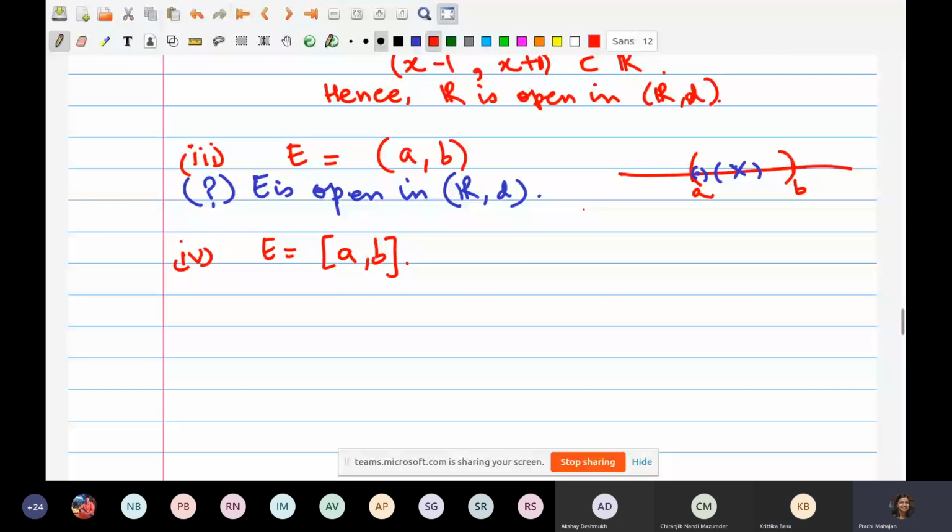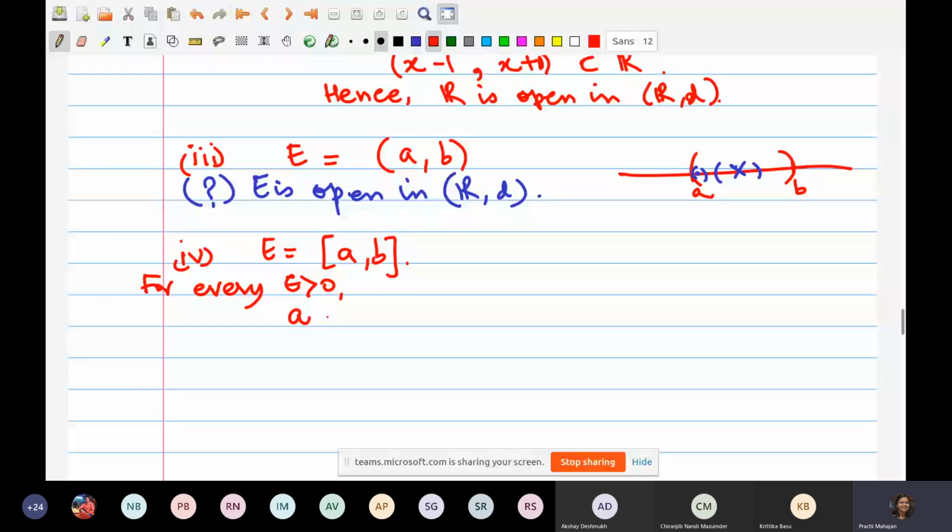So the suggestion here is that you look at the point a. No matter what you do, for every epsilon positive, the neighborhood of a looks like this: a minus epsilon and a plus epsilon.